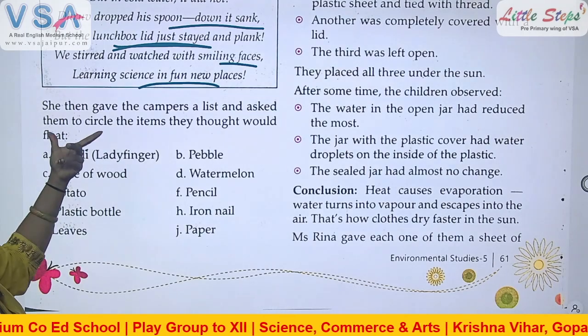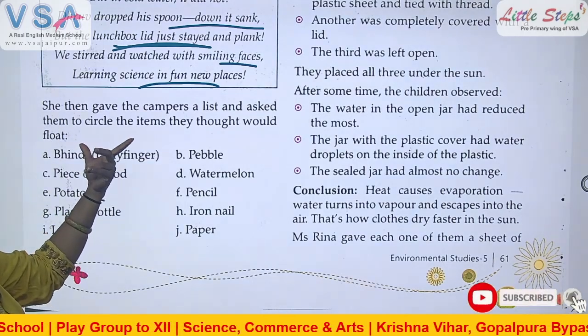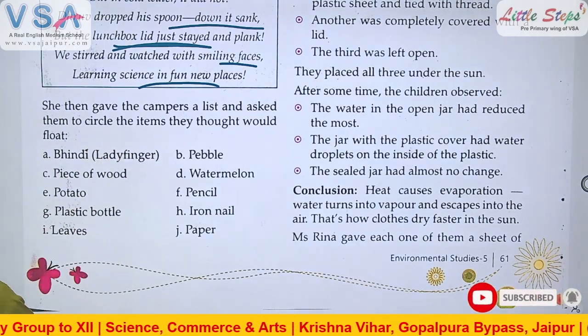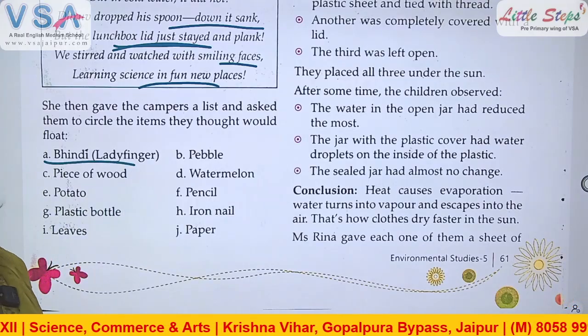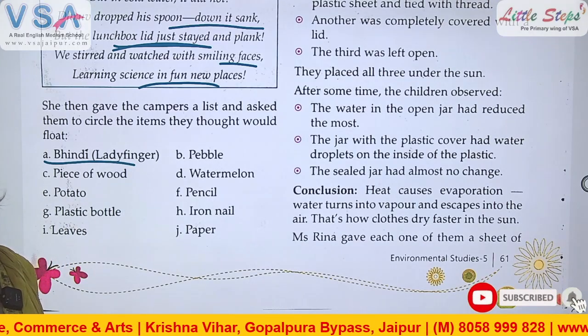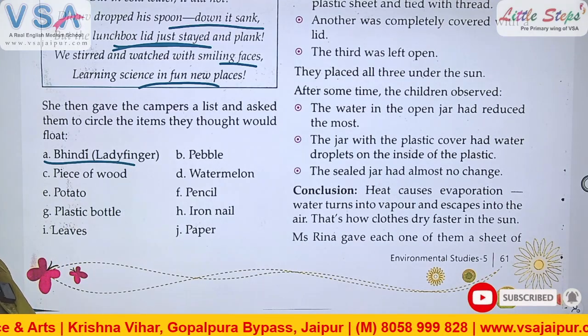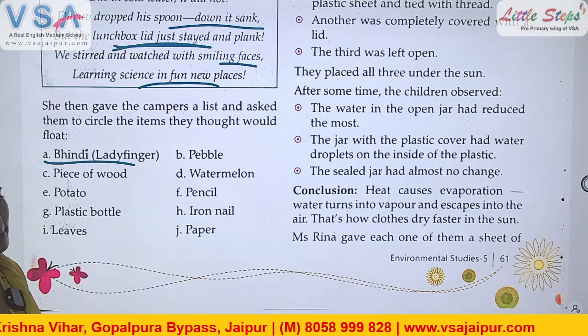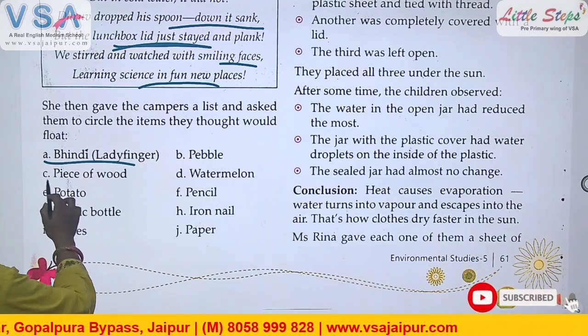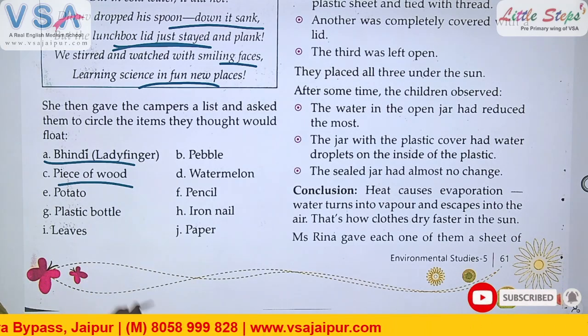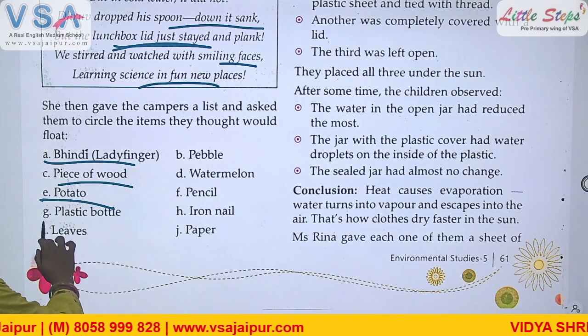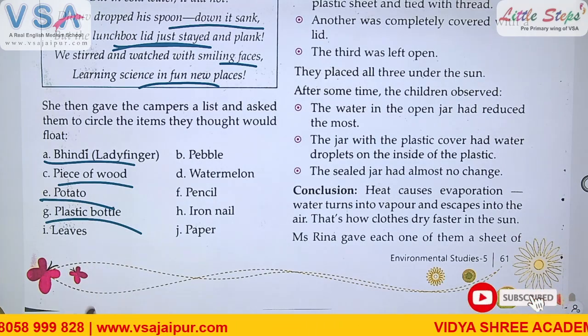Okay, she then gave them some other items. What are they? Bhindi, means lady finger, right? Sink or float? It floats. Okay, and piece of wood? Float. Potato? Sink. Plastic bottle? Float.